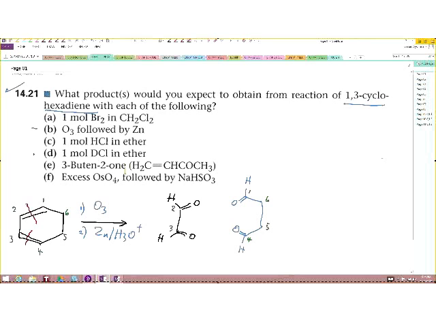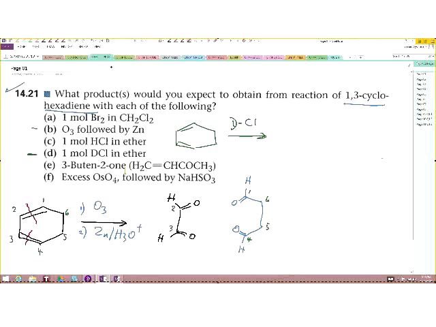How about D? This here. For D we have deuterium chloride, DCl.